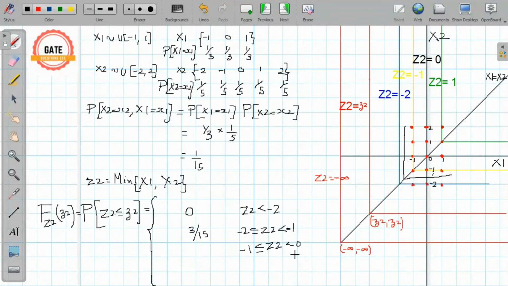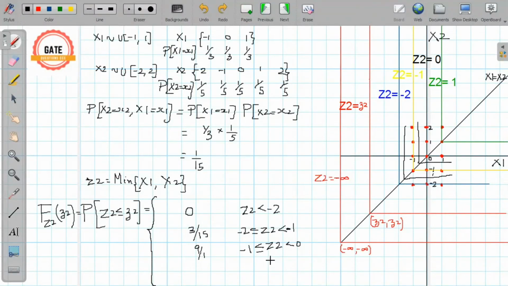In between this, by drawing such a boundary, we can see that there are these 5 points and these 4 points which are lying to the left or on this line. So in this case there are 9 points lying to the left of this boundary. So the answer will be 9/15. The sum of all joint probabilities of these 9 points will be 9/15.